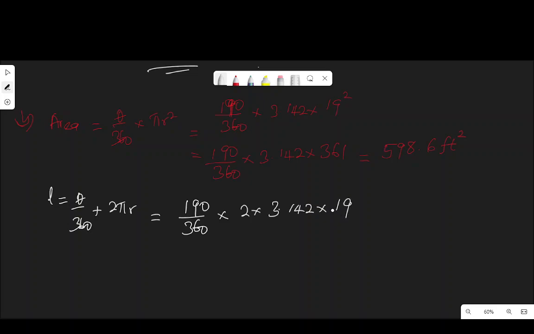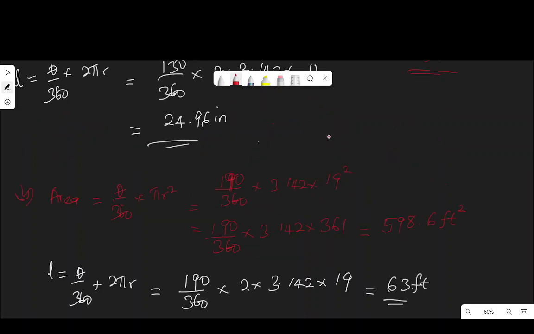Let's work on that with a calculator. 190 times 2 times 3.142 times 19, divided by 360, that is 63.0, 63 approximately. What was the unit? Feet. This is 63 feet, the length of the arc of that circle.